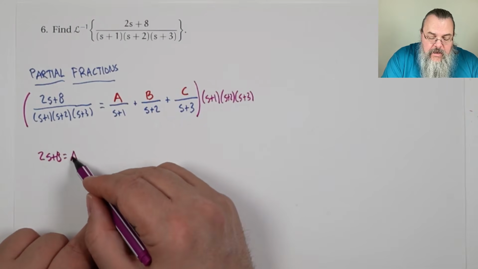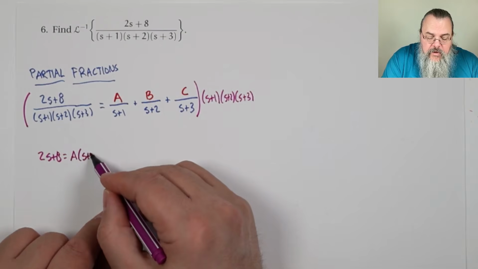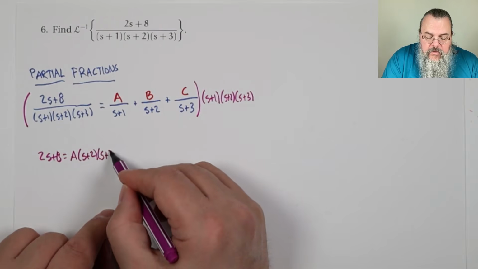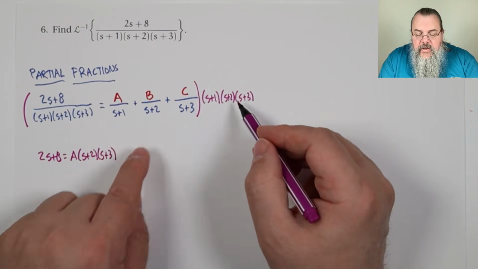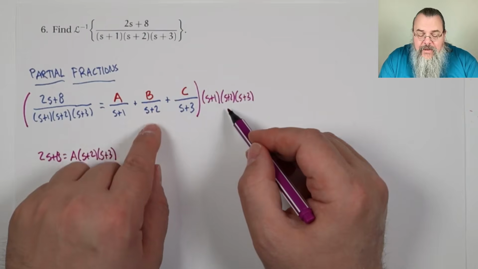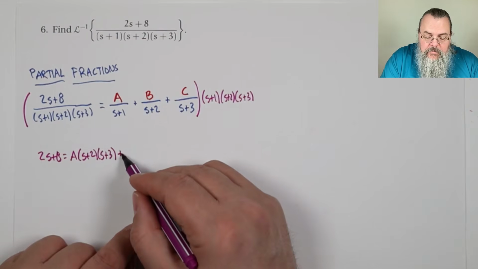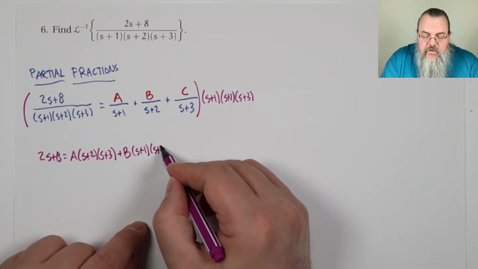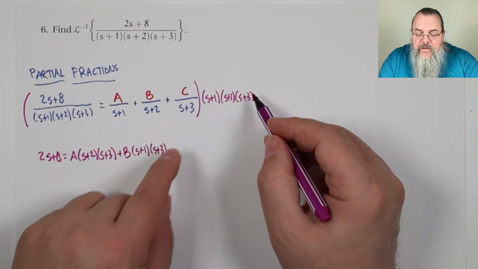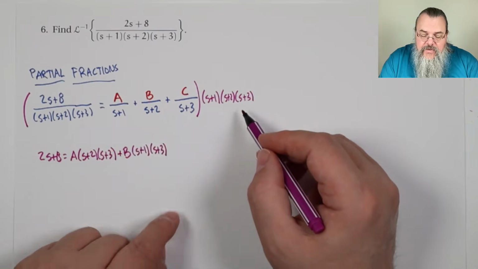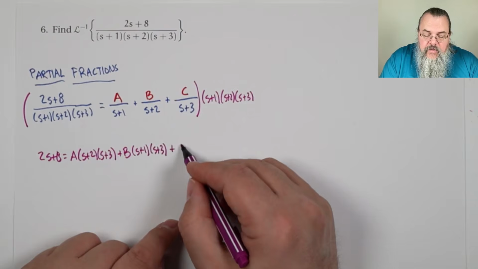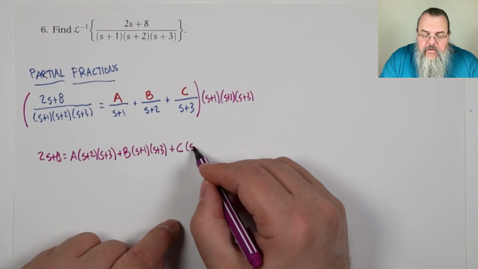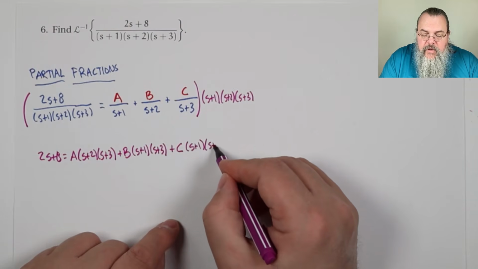So we have a times s plus 2, s plus 3. In the second term, the s plus 2's cancel. So we're going to get b times s plus 1, s plus 3. The last term, the s plus 3's cancel. So we're going to end up with c times s plus 1, s plus 2.